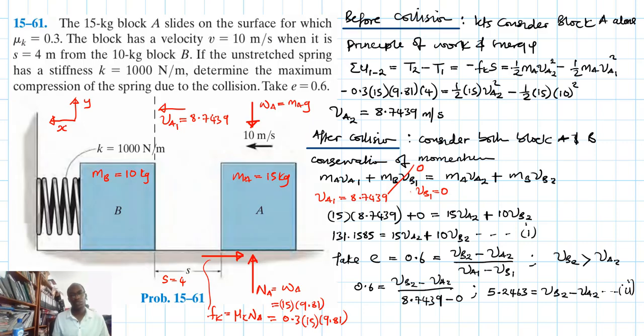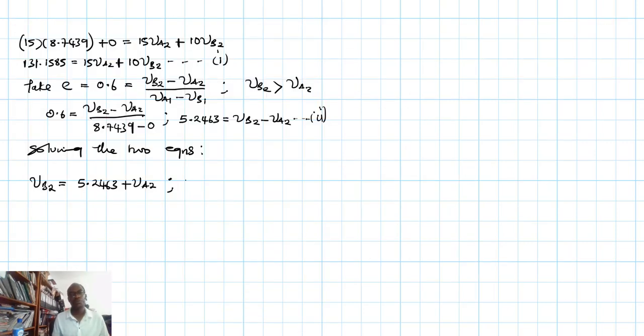Let's go behind. Yes, so we have 131.1585 is equal to 15 VA2 plus 10 times (5.2463 plus VA2).